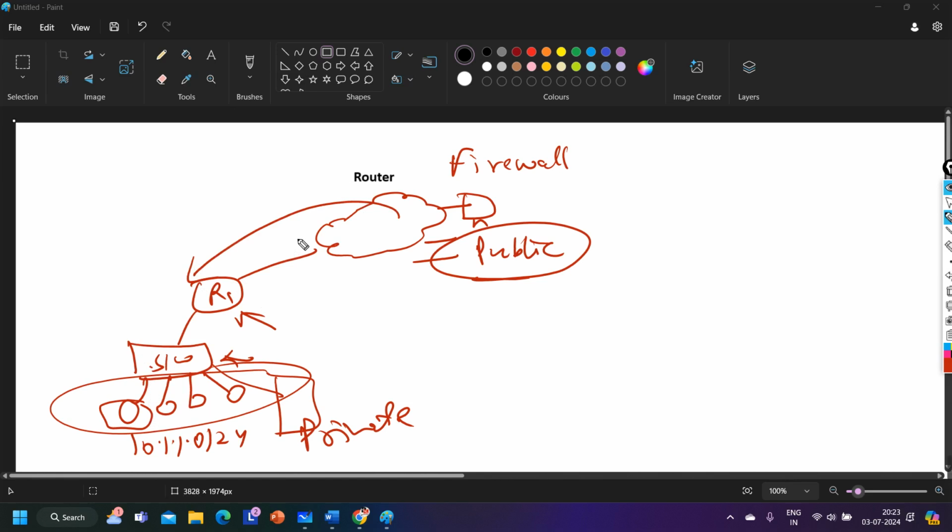Before the router, if I put one device over here, whatever traffic this device receives from the internet, not from the internal interface for now, just suppose whatever traffic it is receiving from the internet, it asks, who are you? Why are you going inside? And after that it will decide whether I should allow it or not.